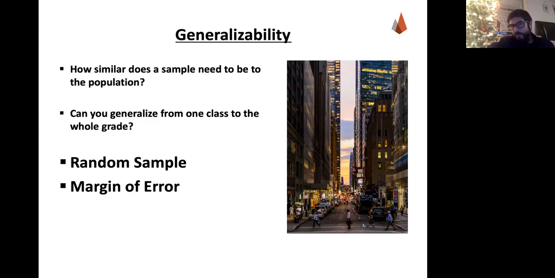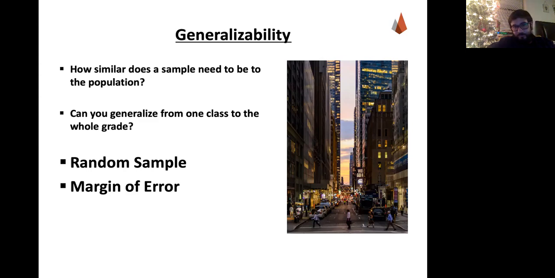You want that sample to be similar, right? You want them to be similar in some form of characteristic: age, ethnicity, sex. But oftentimes you cannot do that. Oftentimes in universities, there's more females to males, and things are not really as generalizable as you want them to be.